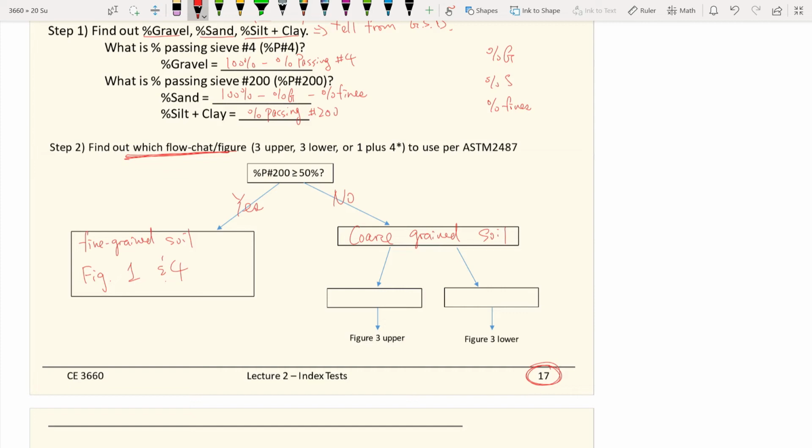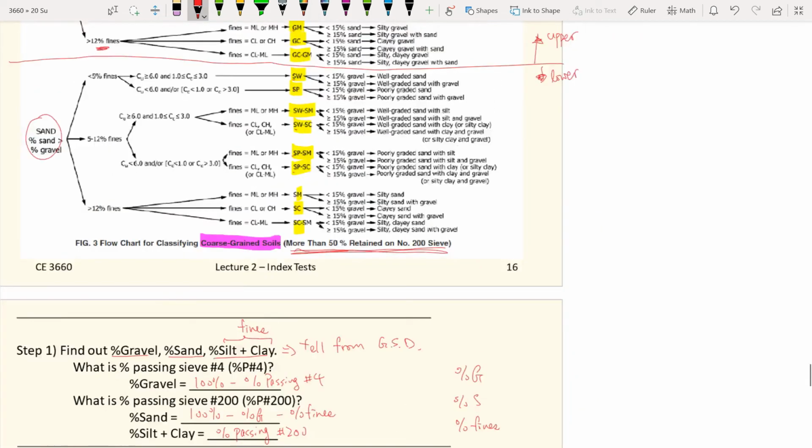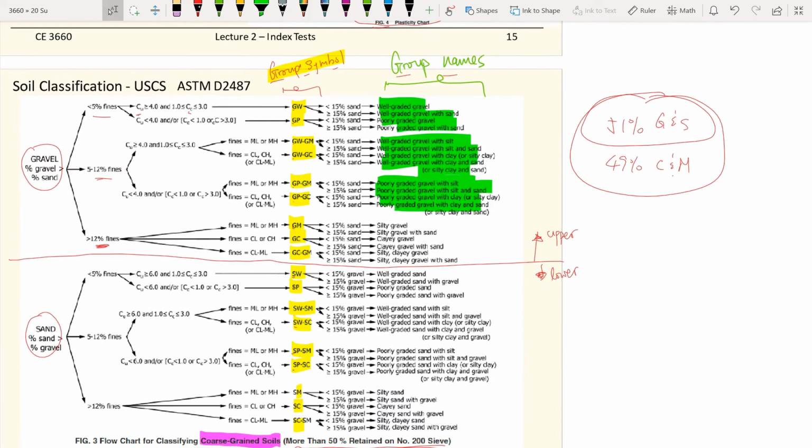And within the 50%, within the percentage that are coarse grained, you compare whether the percent gravel is greater than the percent sand. Then you use figure 3 upper. So you just classify it as a gravel, then you use the upper part of figure 3.